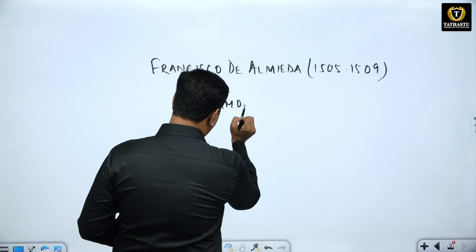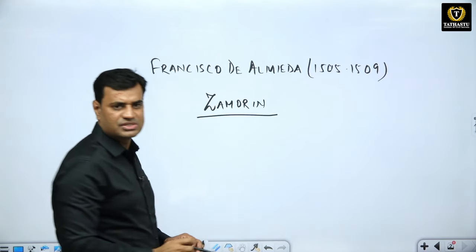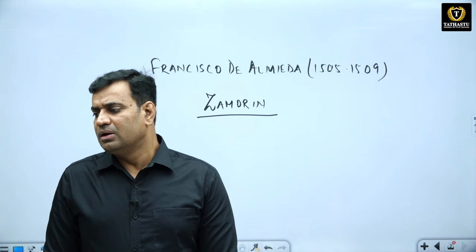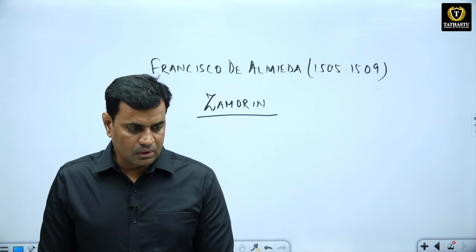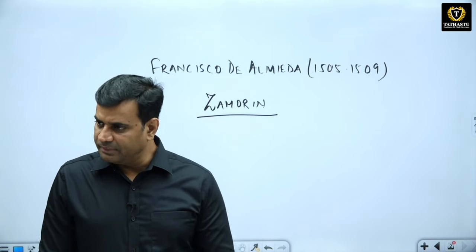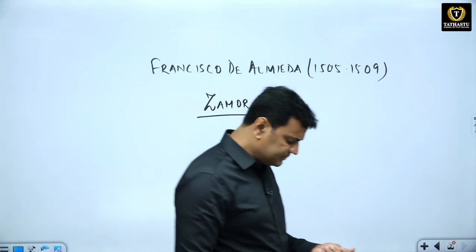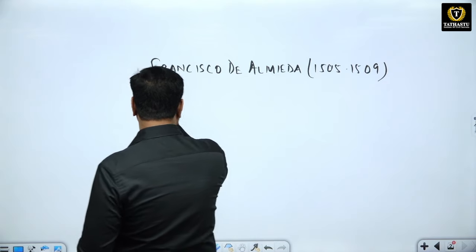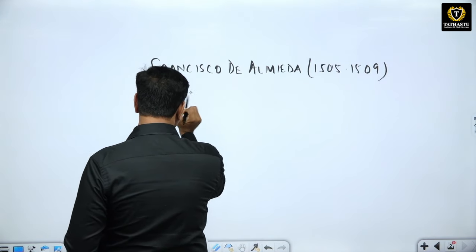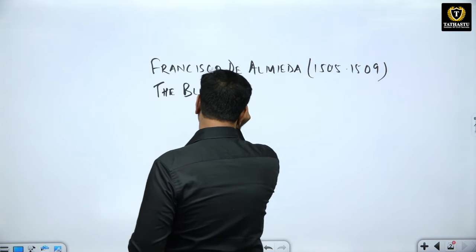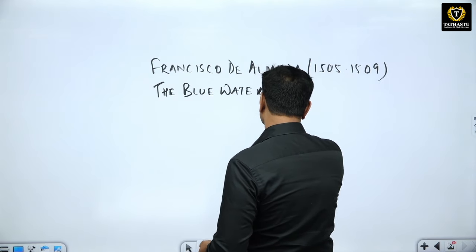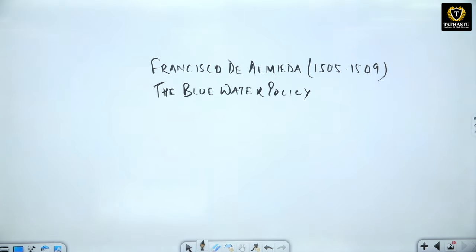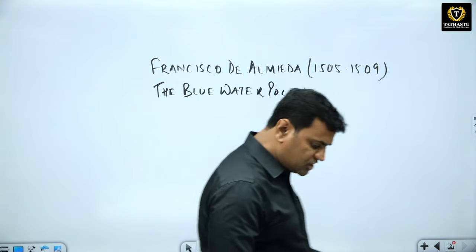Vasco da Gama was welcomed by Zamorin rulers of Malabar. Malabar is modern Kerala. Francisco de Almeida dominated maritime trade and started the Blue Water Policy.